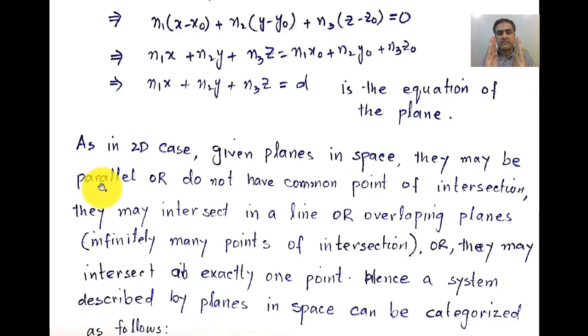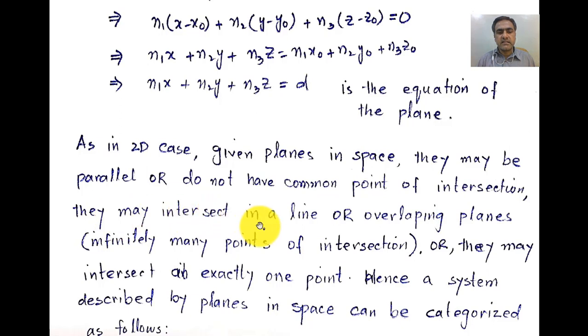And hence the system described by these two planes will be termed as an inconsistent system. I can add a third plane to this system which may intersect these two planes individually, but these three planes do not have a common point of intersection. And hence in this case, the system described by these three planes will be termed as an inconsistent system.